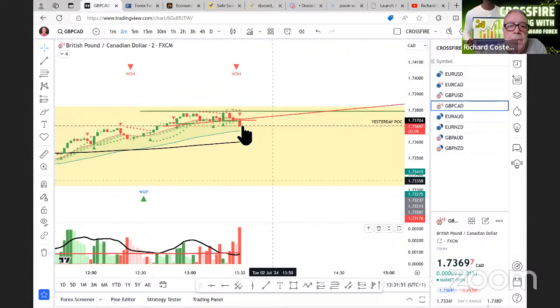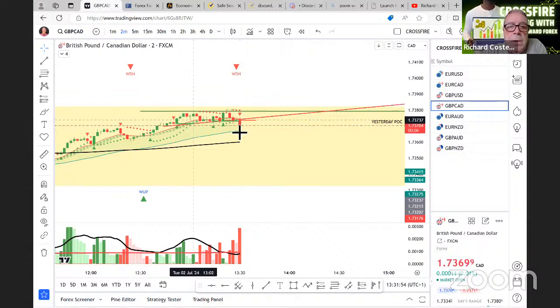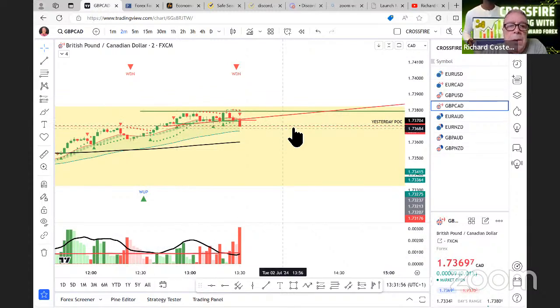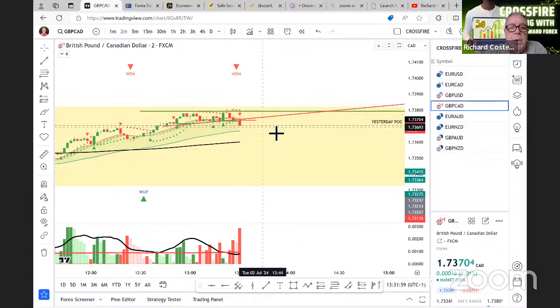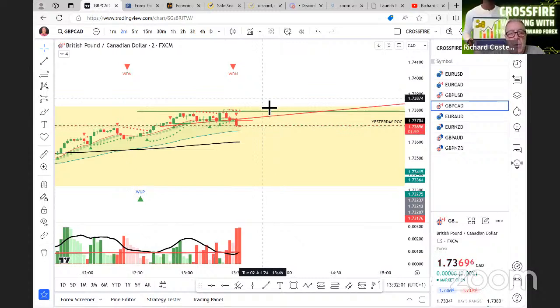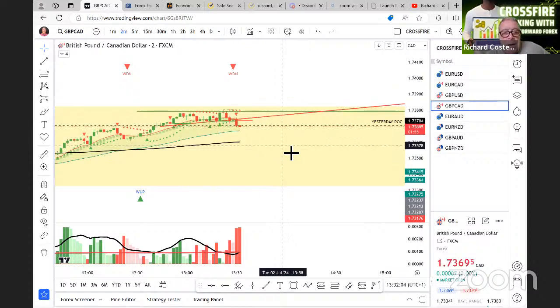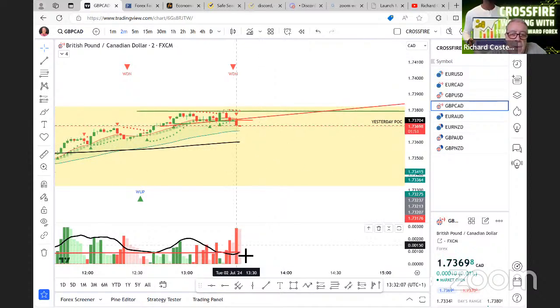Price is sort of hanging close to yesterday's POC. So basically, we're just waiting for a move. We don't know whether it's going to move upwards or downwards. There's nothing indicating. The black line is hiding behind the red line.